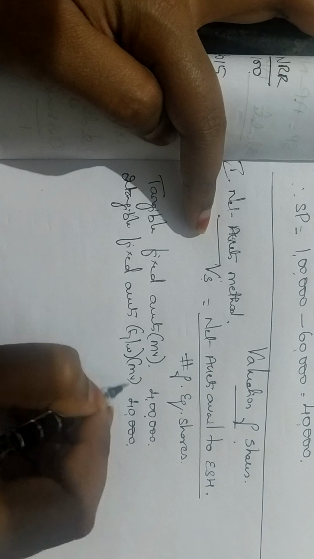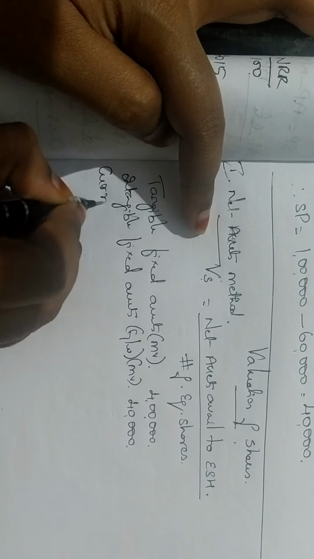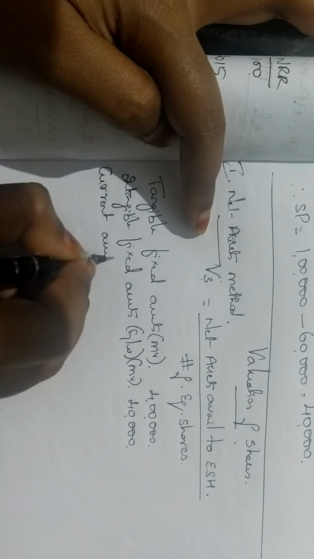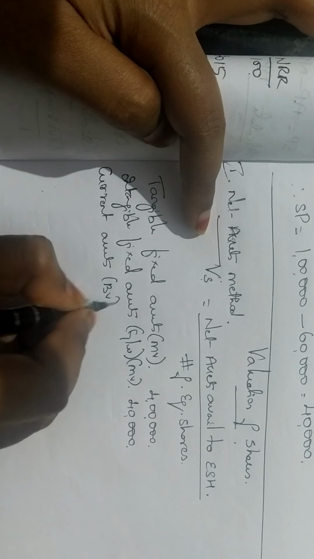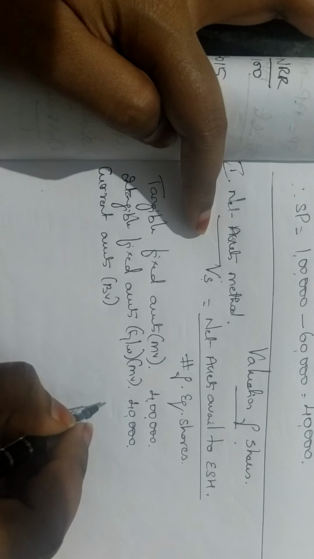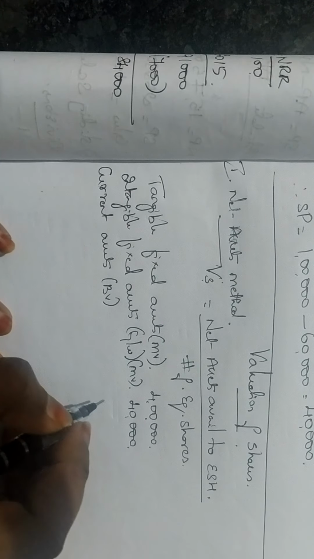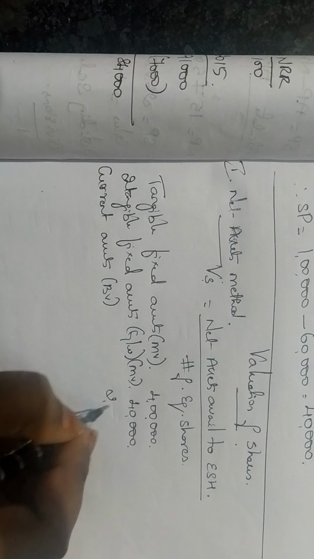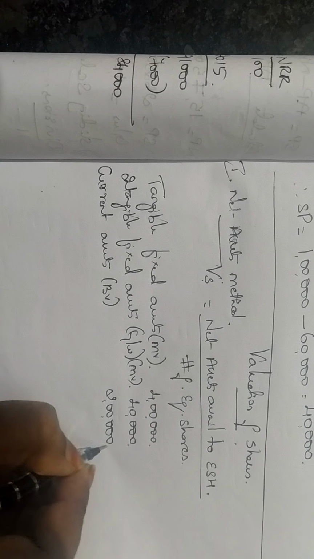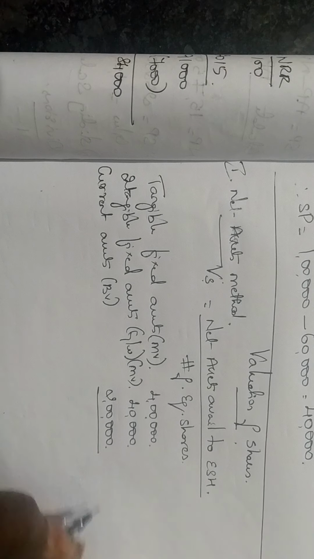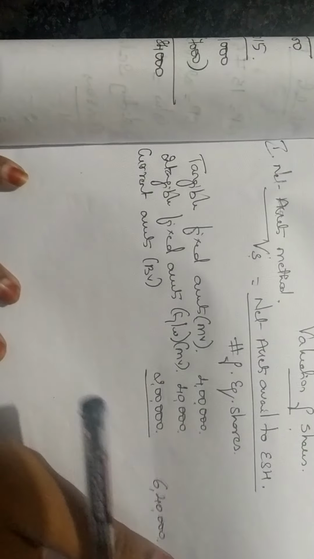This is also your market value. Regarding your current assets, there is no market value given, so I am writing the book value only. Book value is said to be 2 lakh. So this is my total assets, which is coming up to 6,40,000.